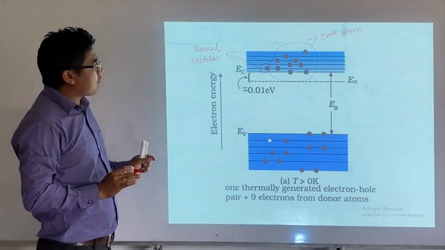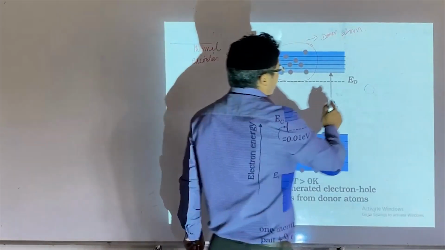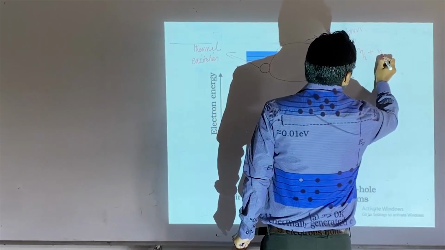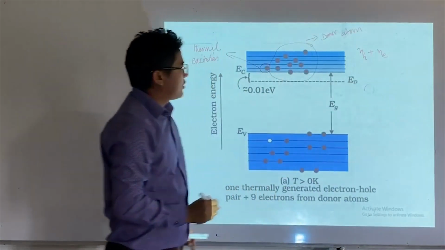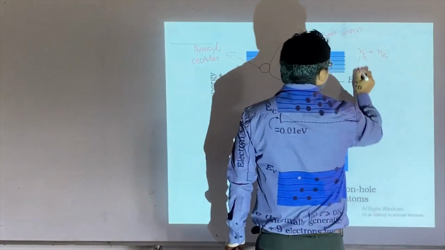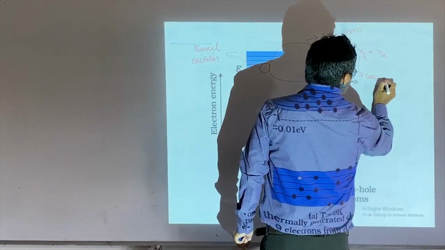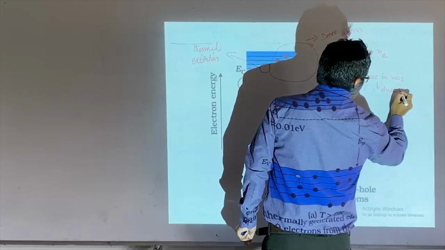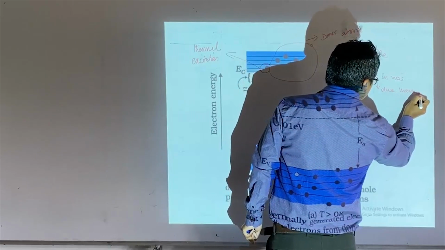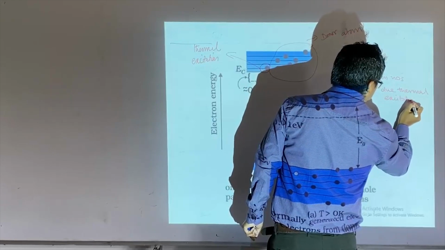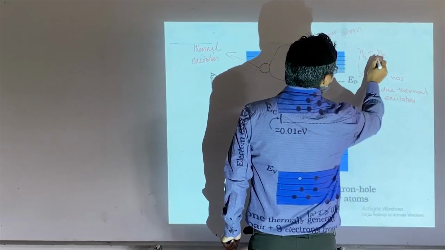So now in this process, holes are available and electrons are available, and holes are less in number. Why? Because this is due to thermal excitations, and electrons are more in number.